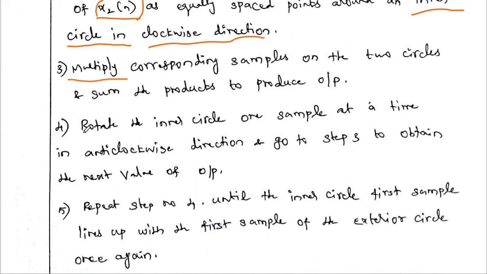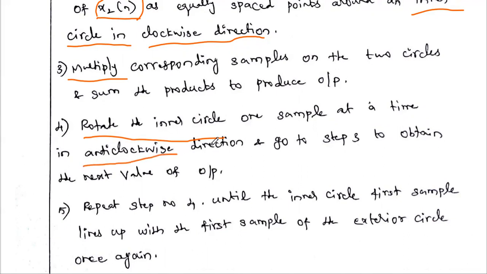Similarly, the next step means we have to rotate the inner circle. The outer circle you don't touch. Once you have written in the first step, all samples are maintained in the same position. So you just rotate the inner circle only, by one sample position in an anti-clockwise direction.